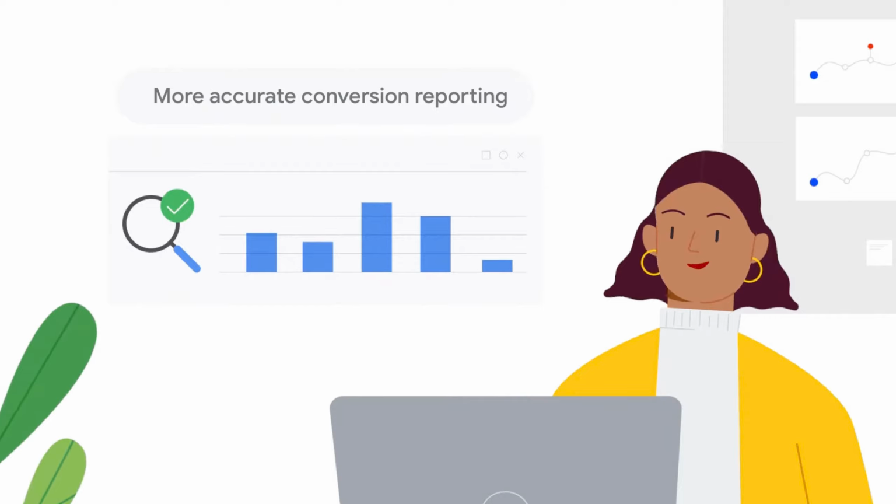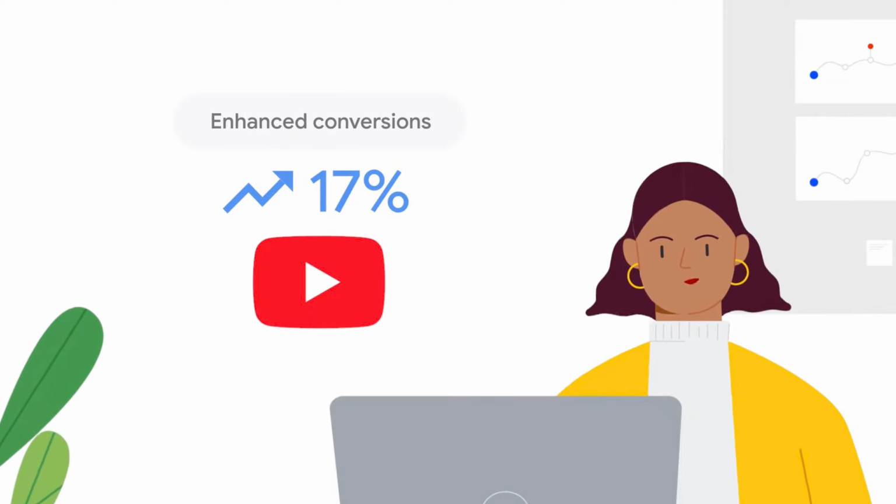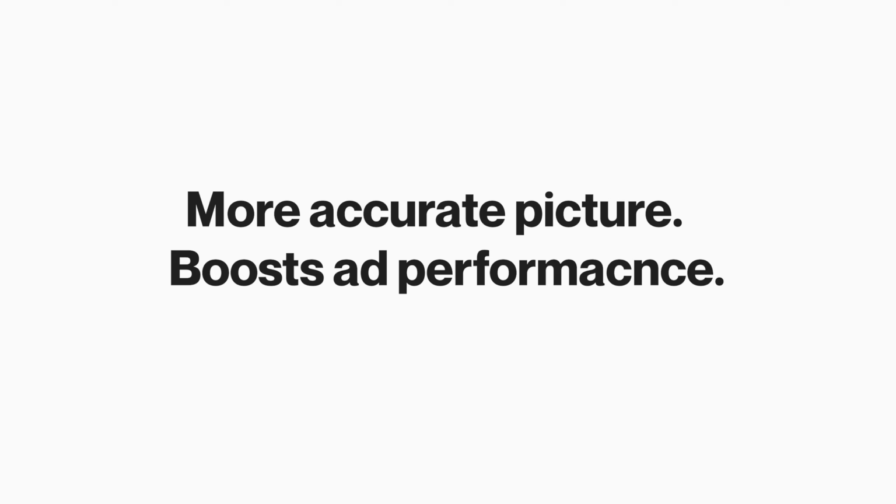You will also have a clearer understanding of your ad performance, and if we look at Google's data, early adopters of the enhanced conversion tracking saw a 5% median conversion uplift for search ads and a 17% uplift for YouTube ads. So in a nutshell, the enhanced conversion tracking gives you a more accurate overall picture and boosts your ad performance.